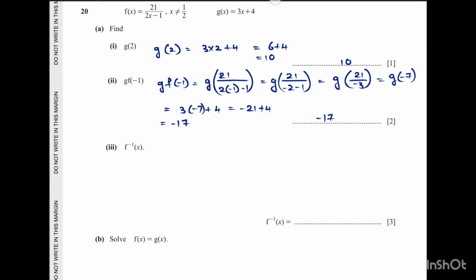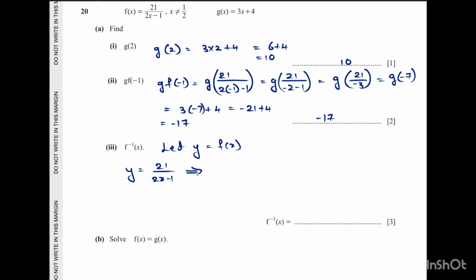Question number 3. f inverse of x. So let f inverse of x be y. So let y be f of x. So let y is equal to 21 by 2x minus 1.